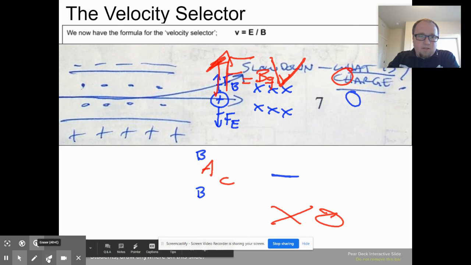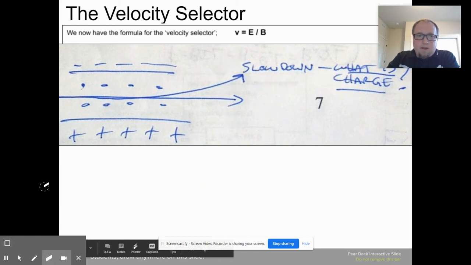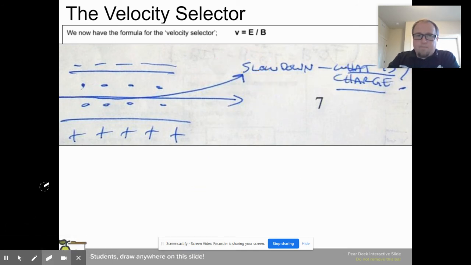Let's clear this out of here. So this one here, there's a couple different ways to tackle this, but the idea is if it's going slow, that means the magnetic force has to be downwards.